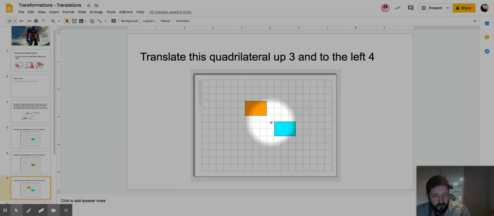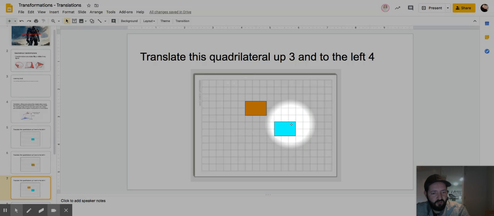If we take a look at this top left vertex here, and we count up 3, 1, 2, 3, and then to the left 4, 1, 2, 3, 4, we end up with my upper left vertex on the duplicated image here, all right?